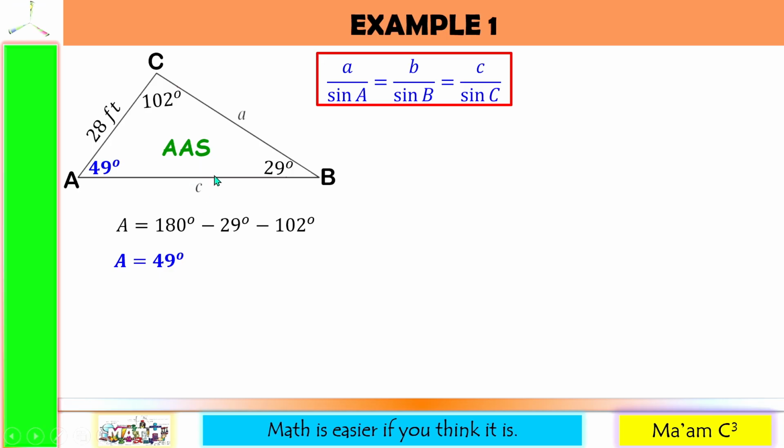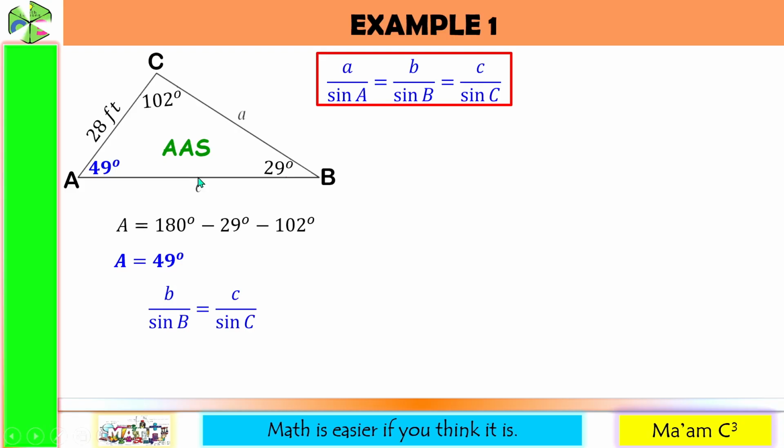I will solve side C first. Why? Because angle C is given, and I can use angle B as well as side B. So I'm choosing B over sine B equals C over sine C. Let me substitute. Side B is 28. Sine B, B is 29 degrees.